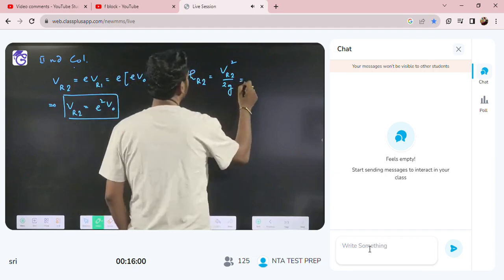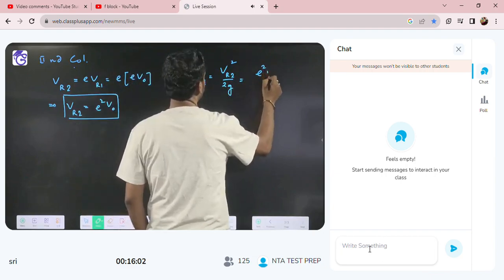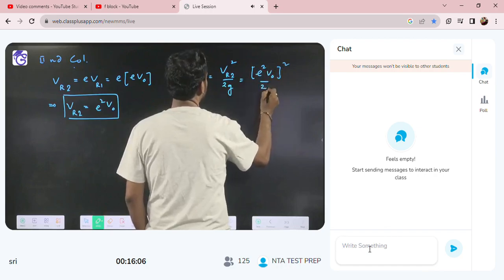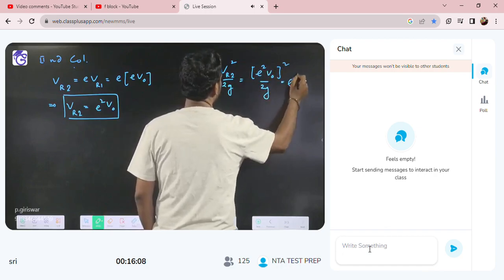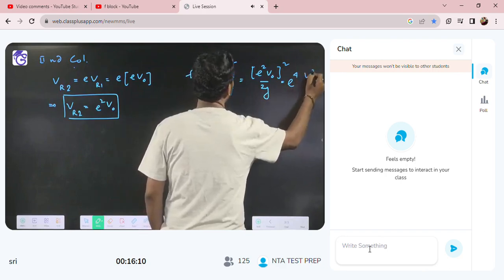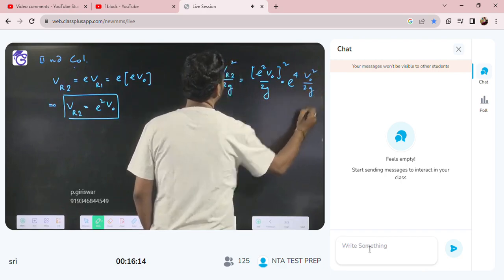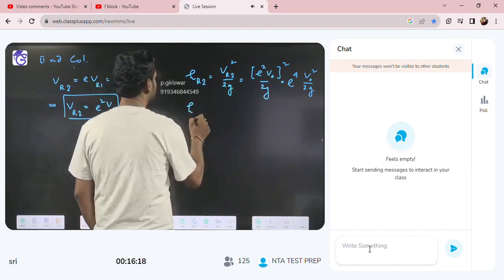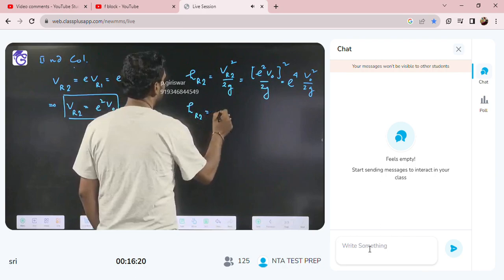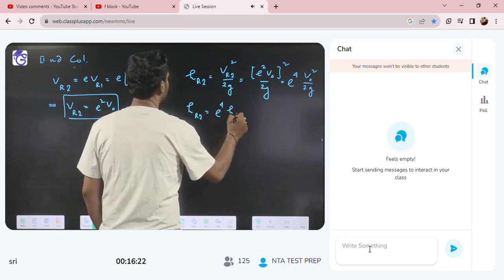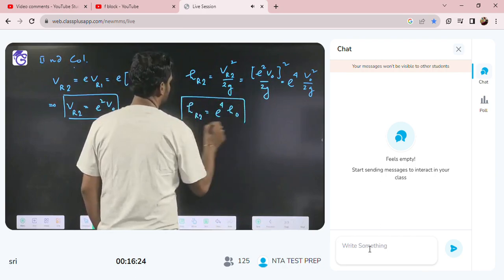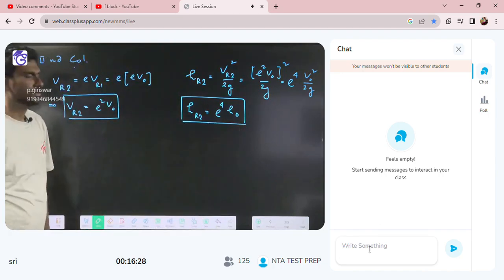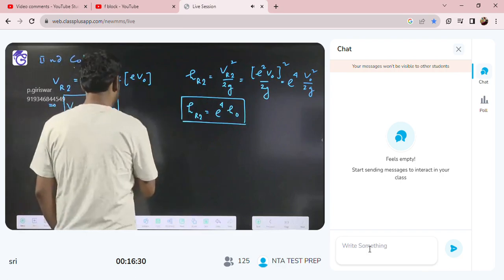VR2 means E square V0, total square, divided by 2G. So it becomes E to the power 4 into V0 square by 2G. So HR2 we will get as E to the power 4 into H0. Look, here comes the second equation. Very easy actually.